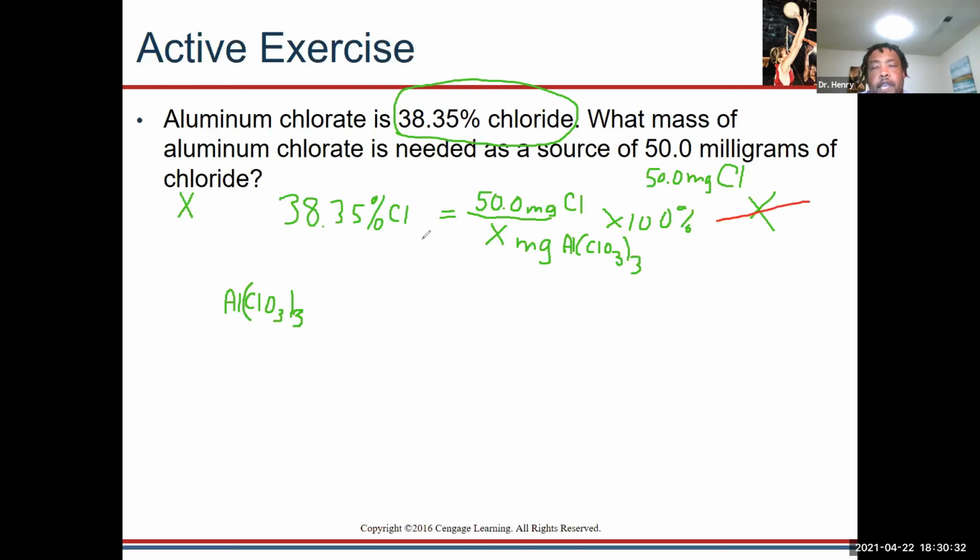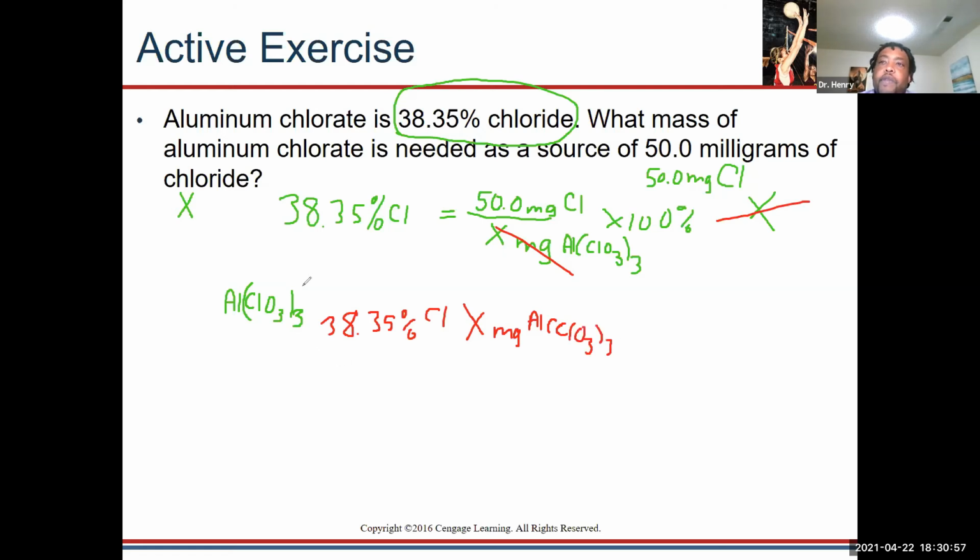On this side, we get 38.35% Cl, and then of course that's going to be X mg Al(ClO3)3.